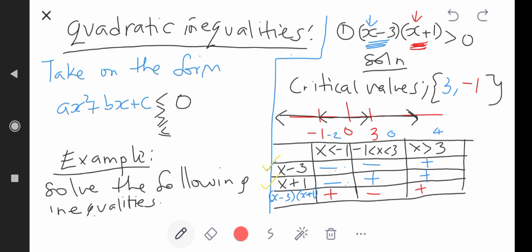And after that, we go back to the question. The question was saying that the product of these two brackets should be bigger than 0, and the sign that is always bigger than 0 is a positive.